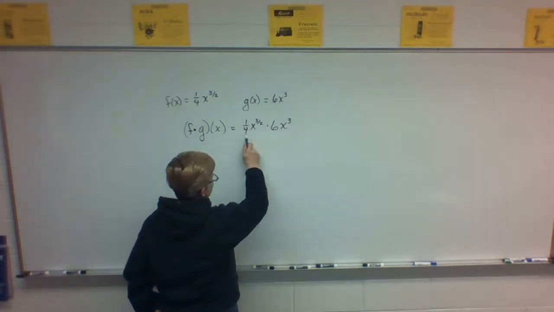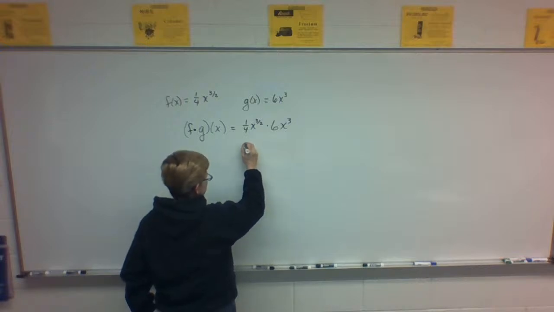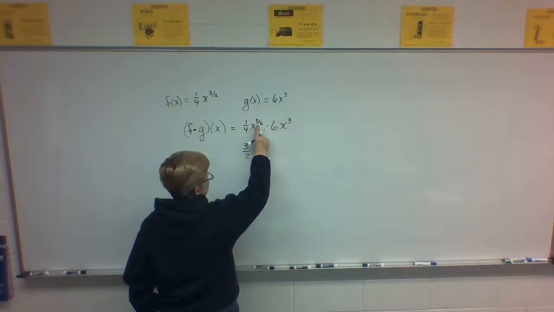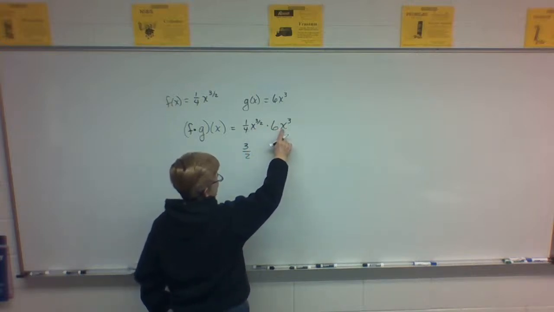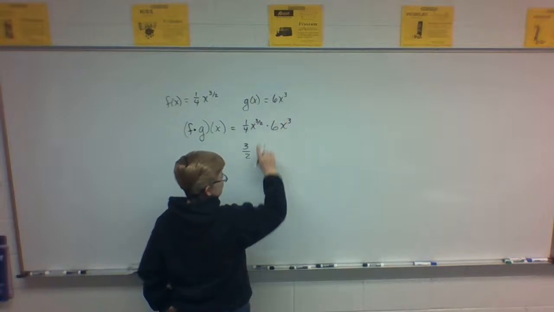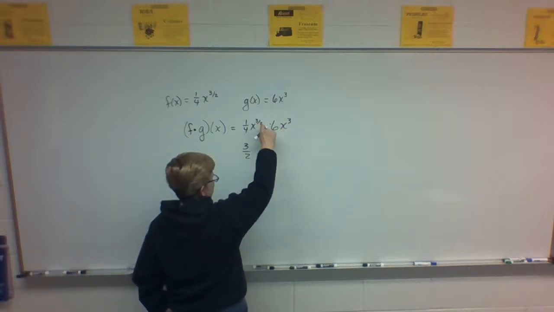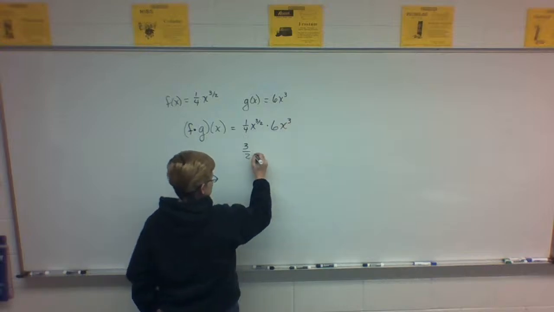They're all being multiplied, and I can multiply 1/4 times 6. That would be 6/4, which reduces to 3/2. Okay with that? X to the 3/2, when I multiply times x to the 3rd, means I need to add these two together. You can get your calculator to do it, or you can call that 3/2 plus 6/2, which is 9/2.